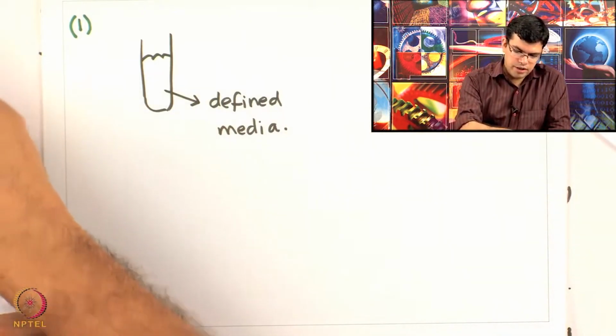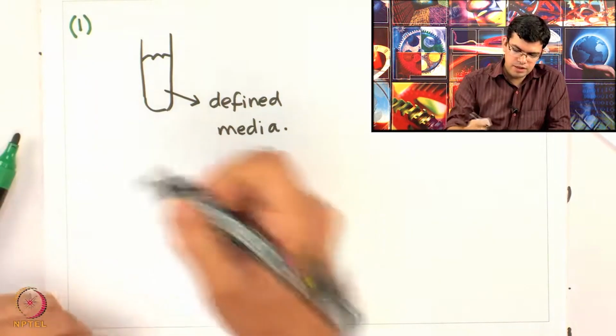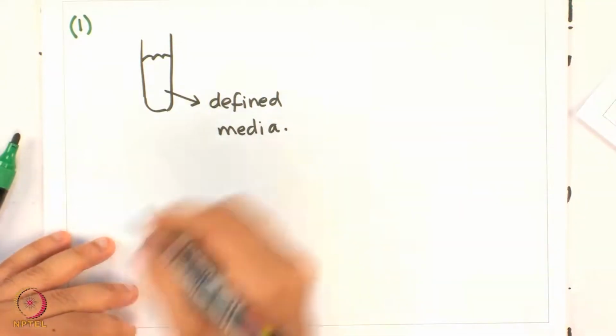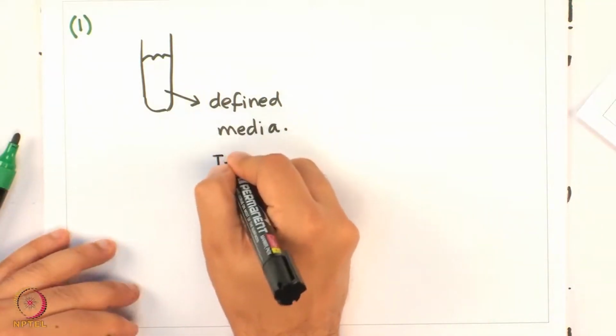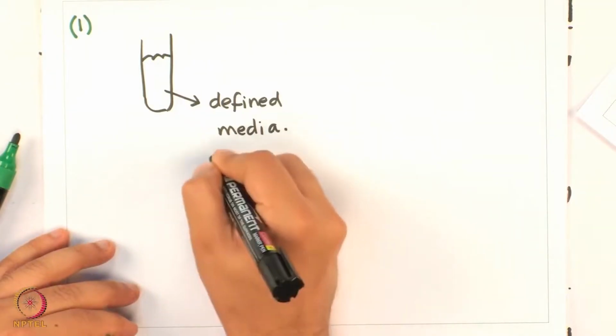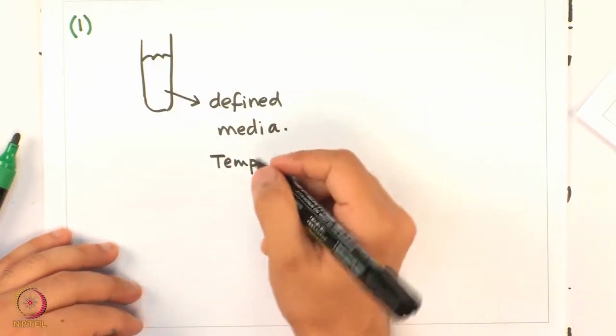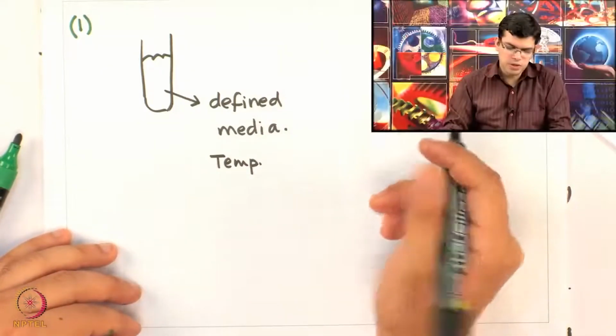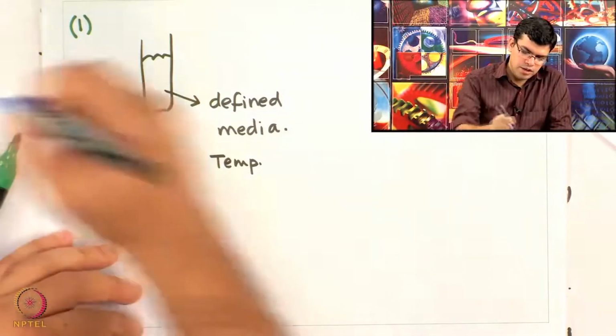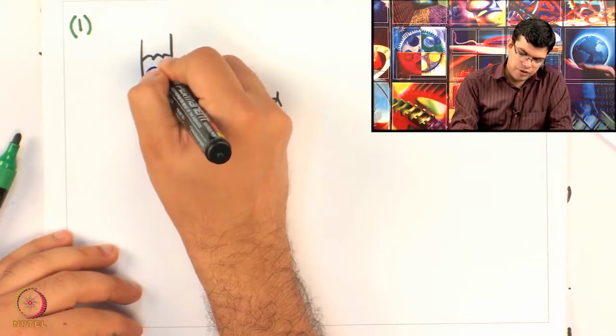Once you define that, you also define the physical aspects of growth, such as what is the temperature, at what shaking are you going to do this experiment, and so on and so forth. So, you define every aspect associated with growth. Then you add N0 number of individuals.